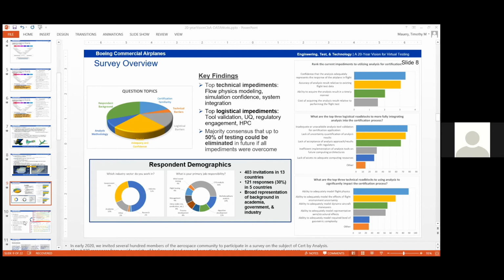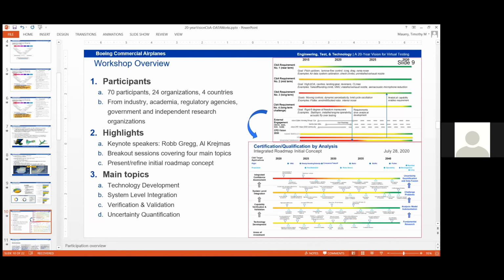So we took those responses and hosted a workshop later in the year, in July of 2020. We formalized those topics using the input from the survey, and we decided to talk about technology development, system level integration, and some confidence tools: verification, validation, and uncertainty quantification.